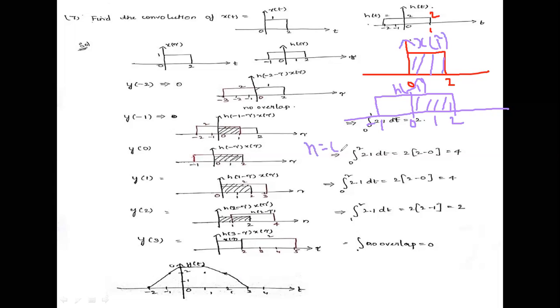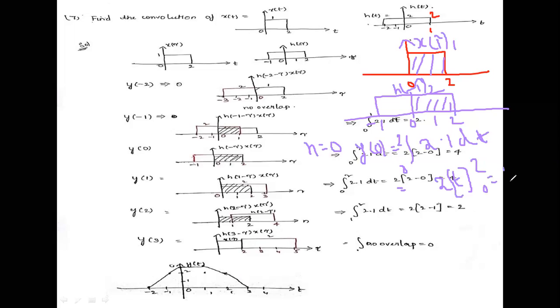When n is equal to 0, y of 0 is equal to, what is the range here? 0 to 2 under the integral. Magnitude of h is 2, magnitude of x is 1. So 2 into 1 into d tau, let us take dt here. 2 into t with the limits 2 and 0.